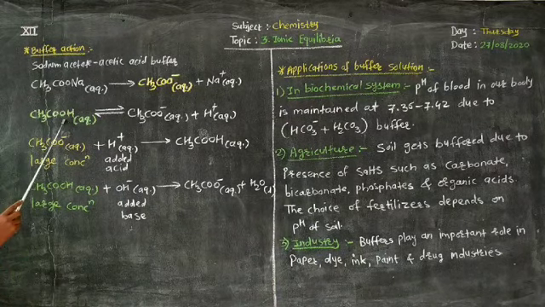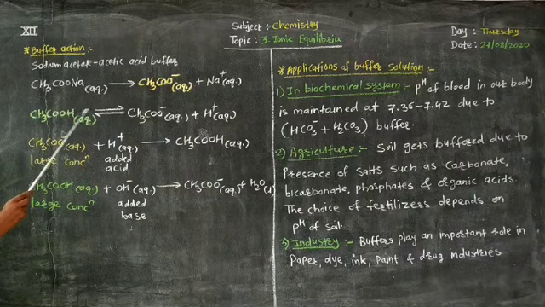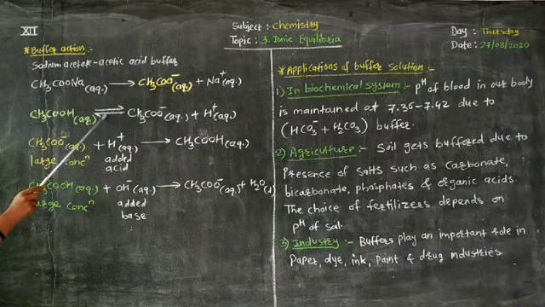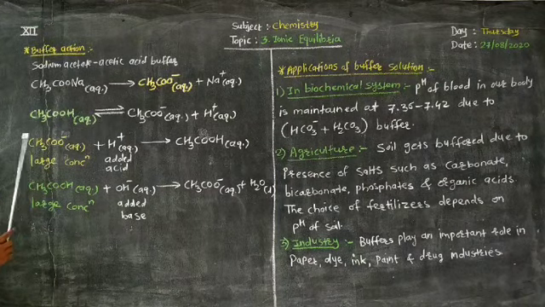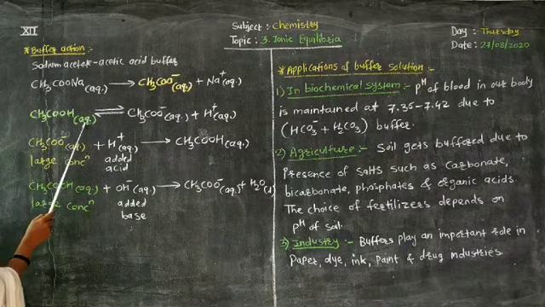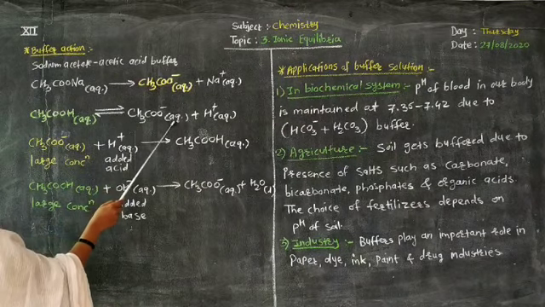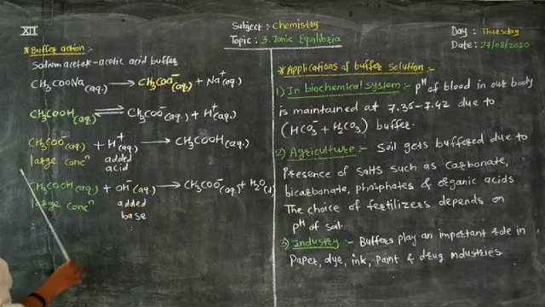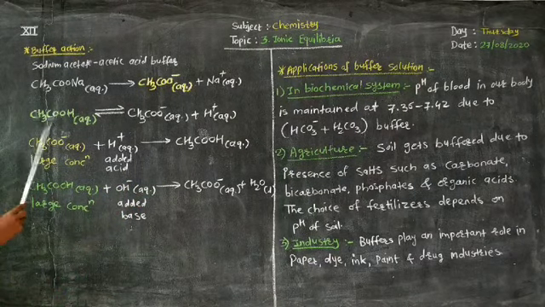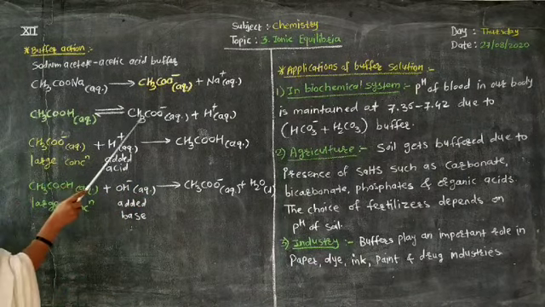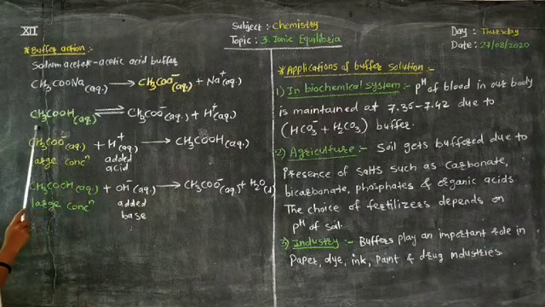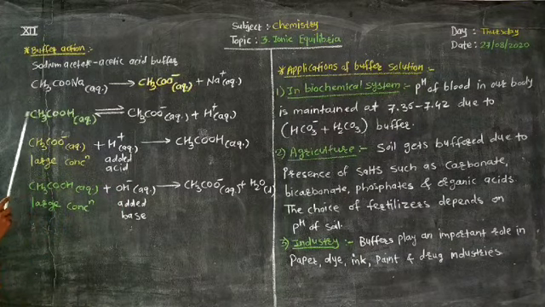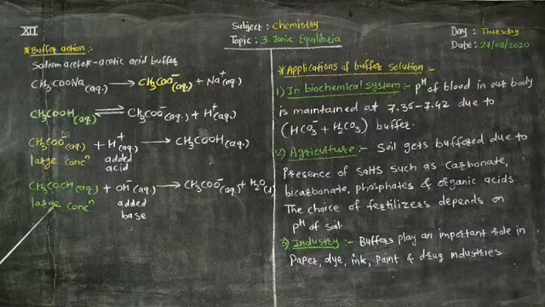Secondly, acetic acid, which is a weak acid, dissociates to the least extent, hence shown by an equilibrium arrow. So acetic acid in aqueous medium gives acetate ion in aqueous medium plus H plus ion in aqueous medium. But in this case, as dissociation is very poor, the concentration of acetic acid is in large percentage.